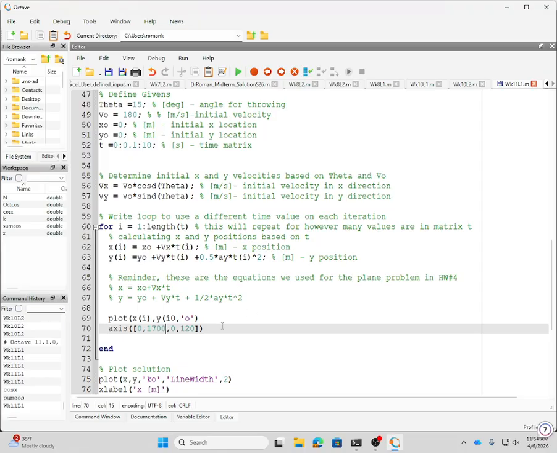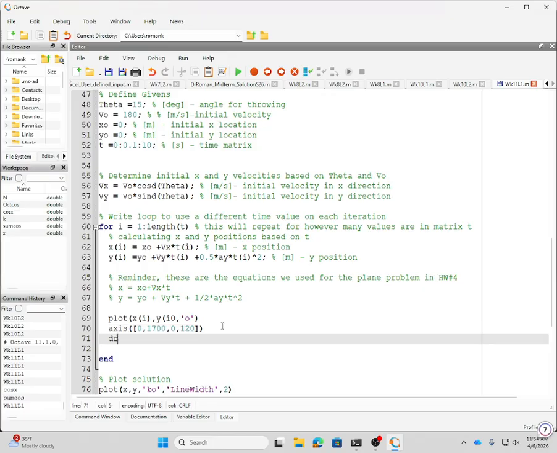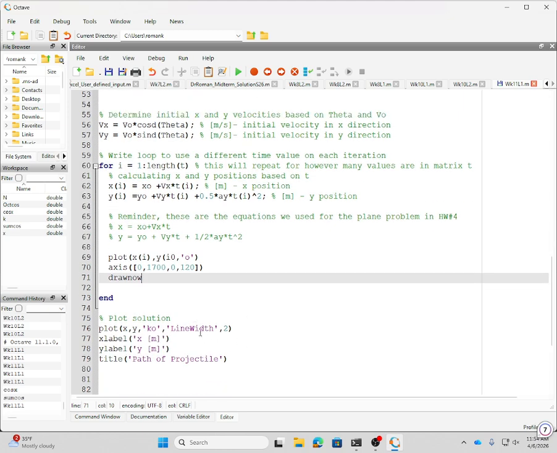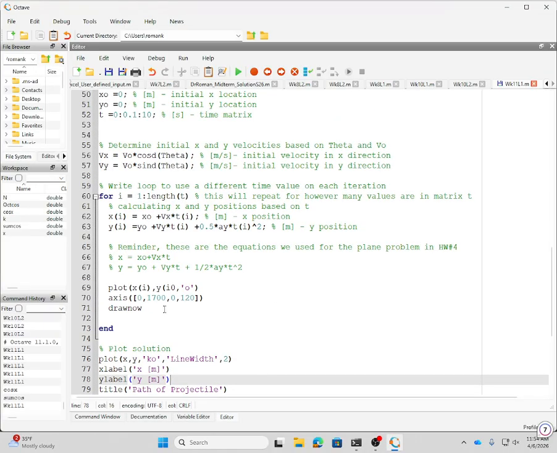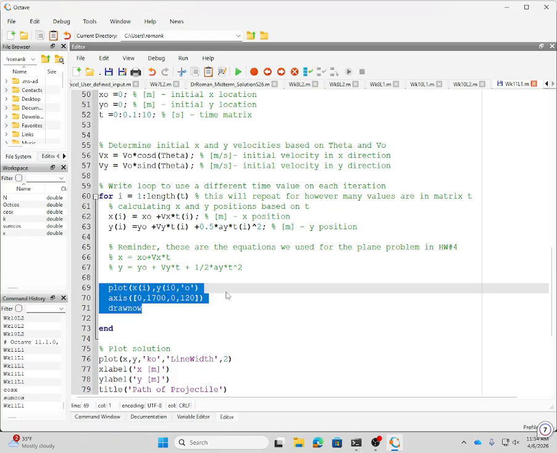And then I'm going to use this command called draw now. Just like hold on, draw now is another command, like clc. And I'm going to keep the other things as they are. So these are the 3 lines that I'm adding, and I deleted some lines.